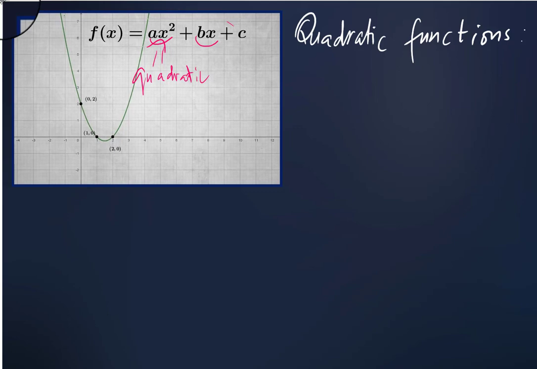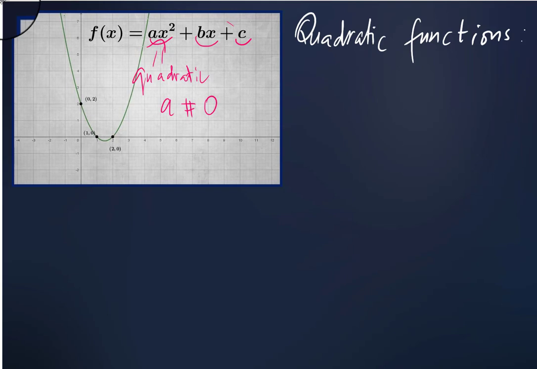Like the line part of it. And this one is the constant, okay? The constant term. To be able to call this type of function a quadratic, it has to have the quadratic term, meaning that a must not be 0. So once we have that, we have our function.